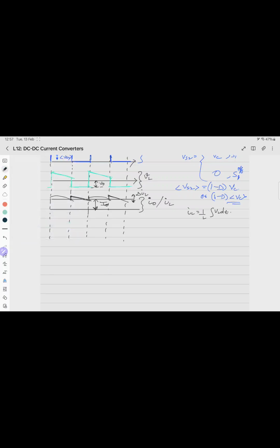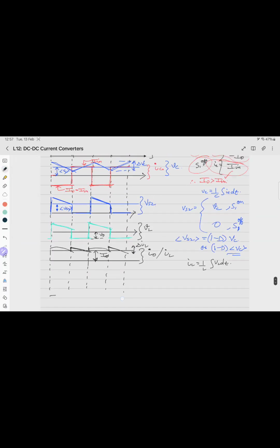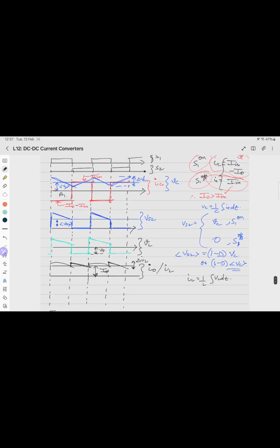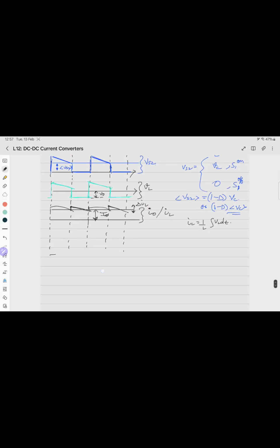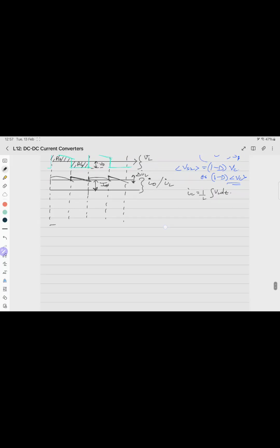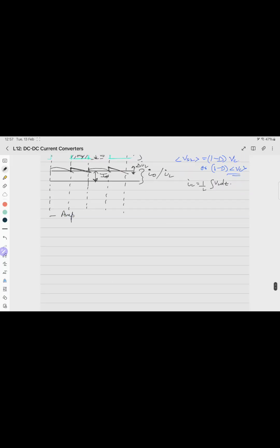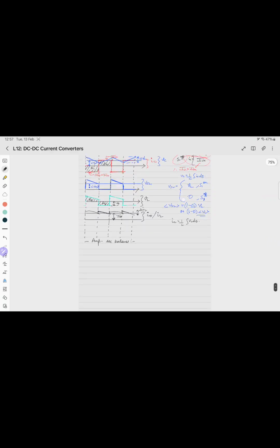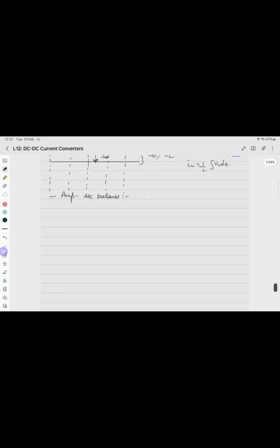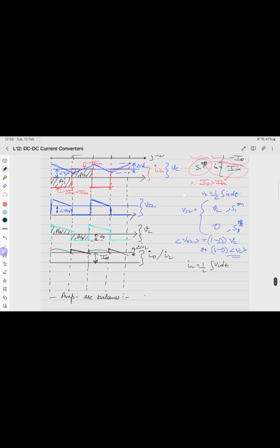So using the amp second balance, this is A1, A2, and for volt second balance, this is A3, A4. Using the amp second balance, for on time it is I0 minus IN.